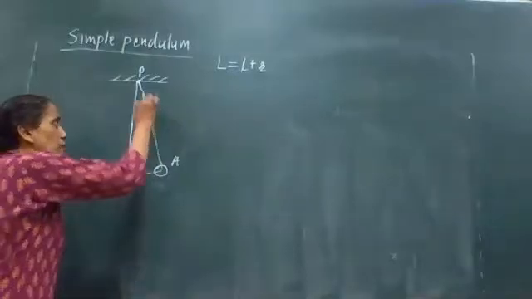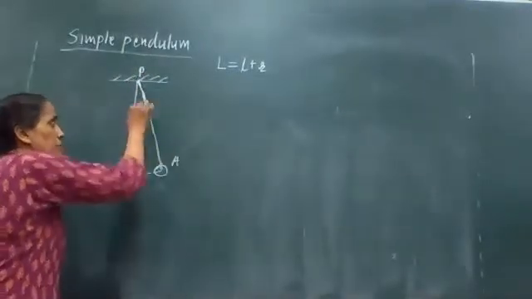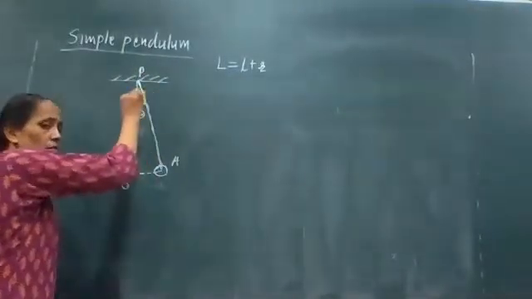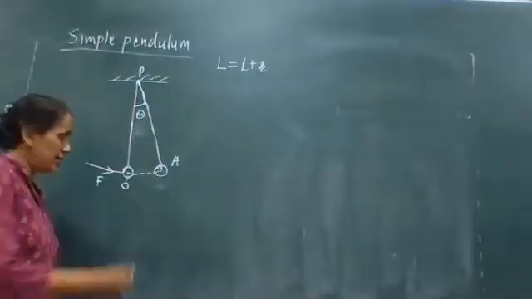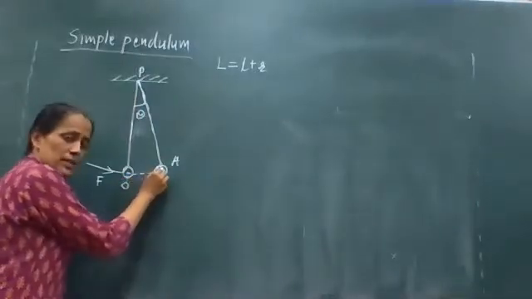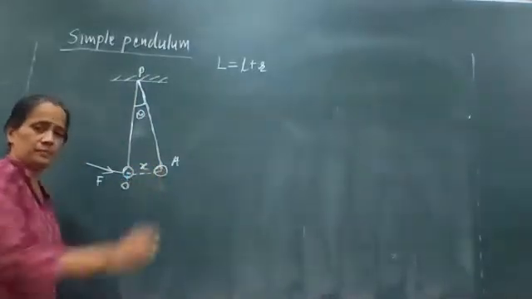Now when the bob is at the extreme position, making a certain angle theta with the vertical, the corresponding displacement of the bob is x.